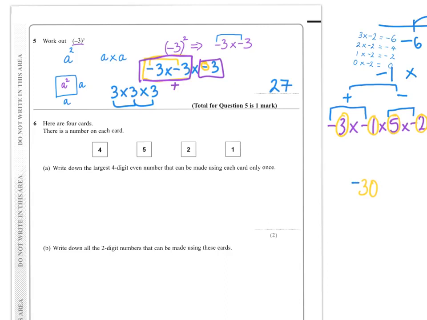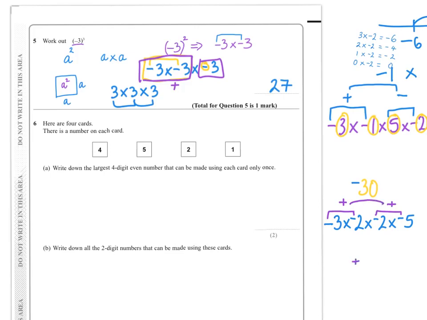I'll do one more here. If we had negative 3 times negative 2 times negative 2 times negative 5. Let's do the signs first this time. Well, if we have a negative by a negative, that's positive, and then a negative by a negative, that's positive, and then look, we've got an outcome of a positive times a positive. Well, that's easy enough.